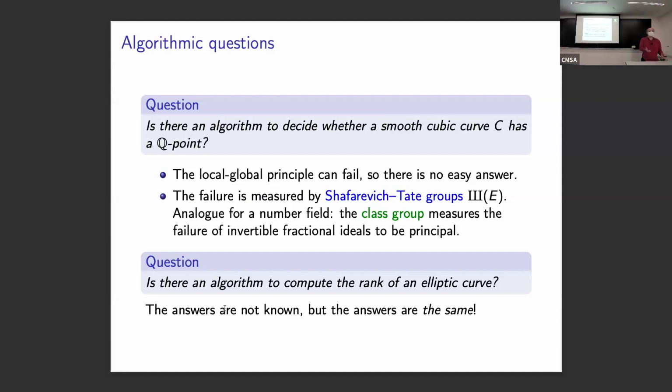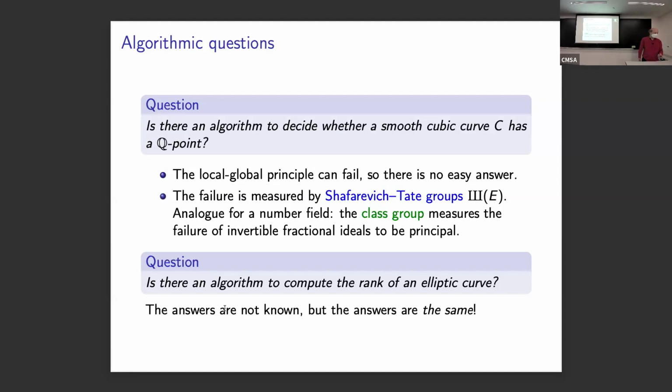It's not enough just to check whether it has a real point and a p-adic point for every p, because there are examples where the curve does have a real point and a p-adic point for every p, but still there's no rational point.